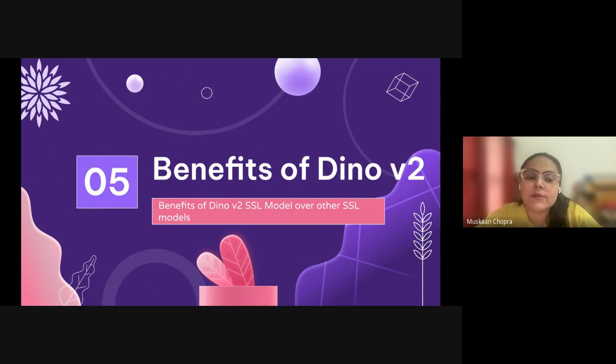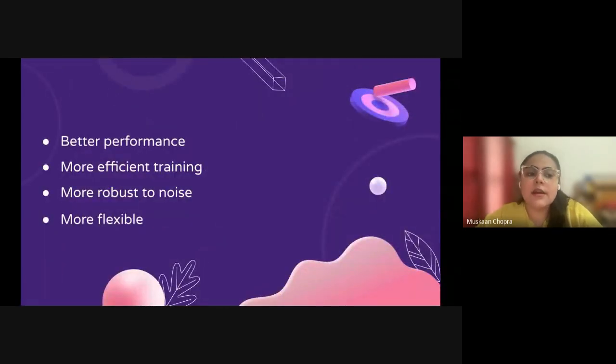So why did we upgrade from DINO V1? Why was DINO V1 not enough? One major reason was the scaling of data and self-supervised learning. It was not currently feasible with other architectures. It performs better. DINOv2 has been shown to achieve state-of-the-art performance on a variety of tasks such as image classification, segmentation, detection, localization.